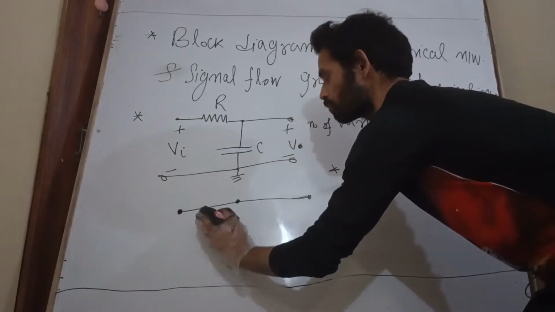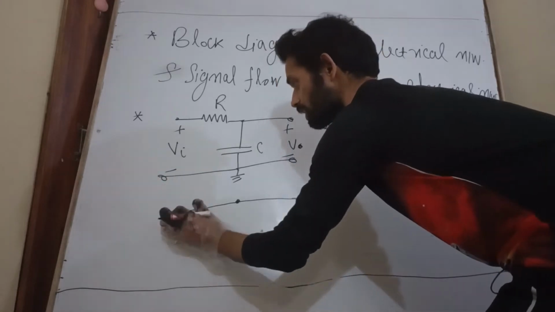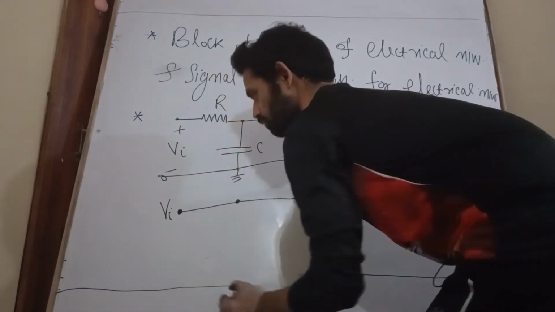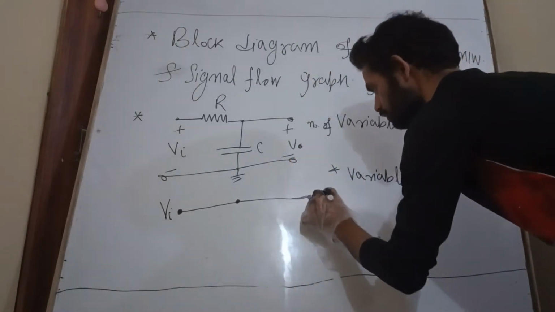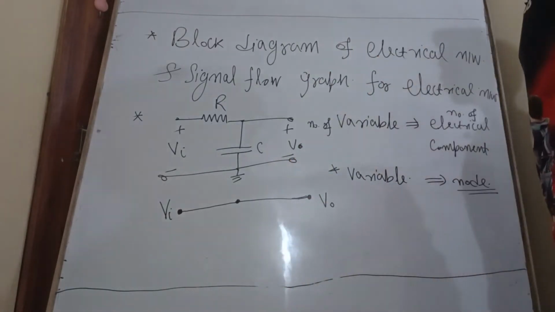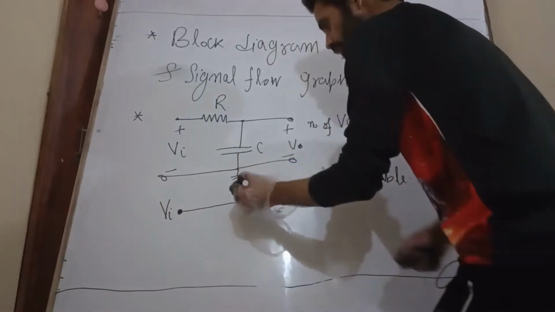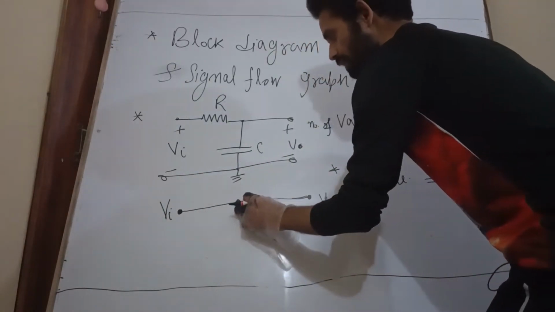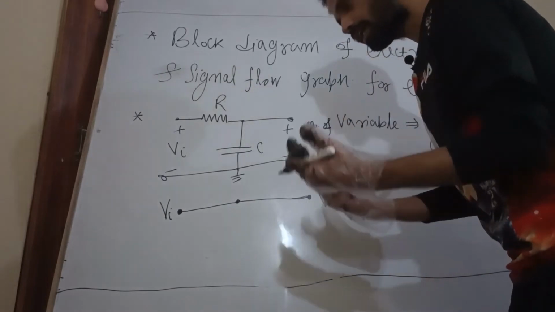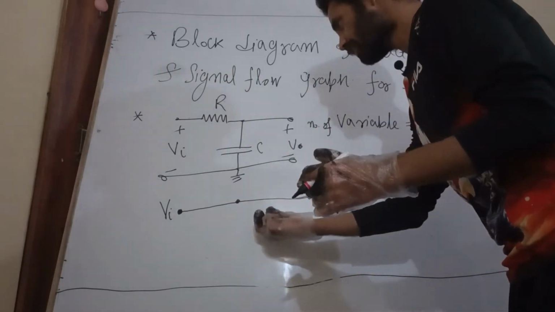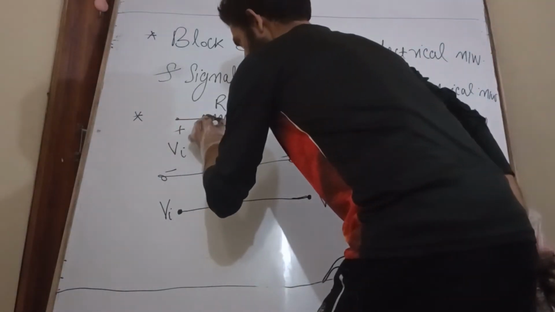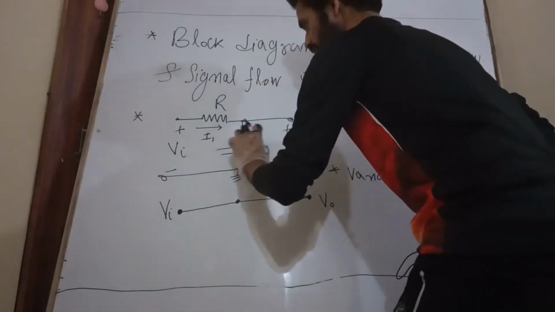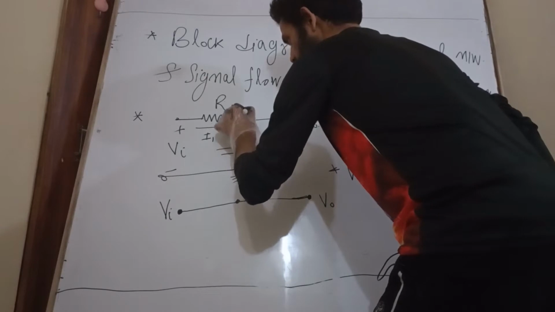Except input, for input you have to provide an external node. Okay, so this is my input Vi, and the output is V naught. Every node is denoted by either current or voltage. You see here, I am representing this as I1 and this is my voltage V0.